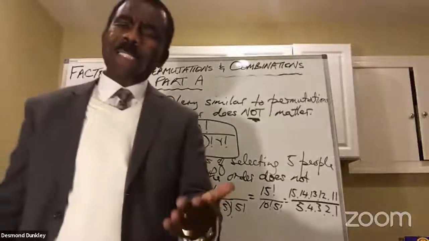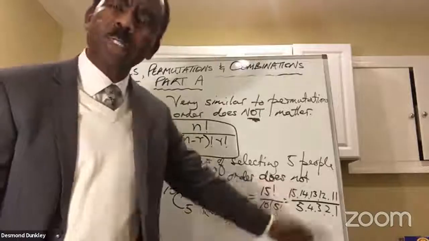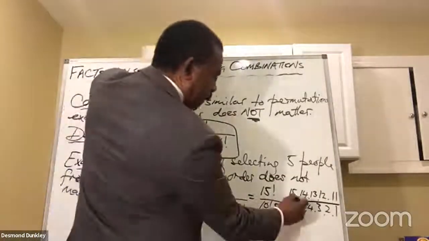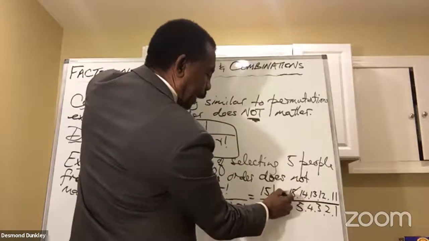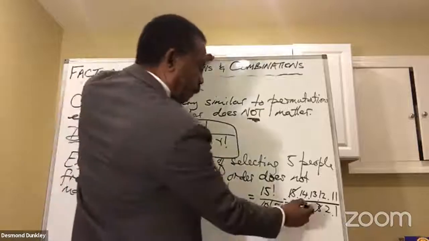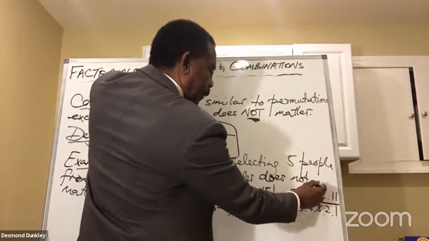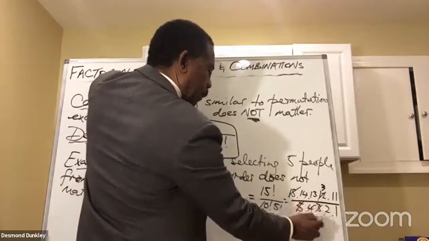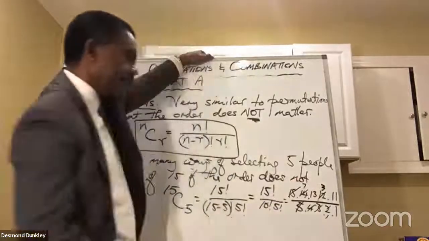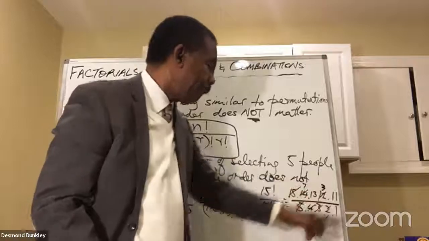And as a kid growing up, I was so poor I couldn't afford a calculator, so I'm able to do this using my head. I say, okay, 5 times 3 is 15, so that cancels this. These 2 cancel that. So now 4 into 12 goes 3 times. 2 into 14 goes 7. So now it's 7 times 13 times 3 times 11.